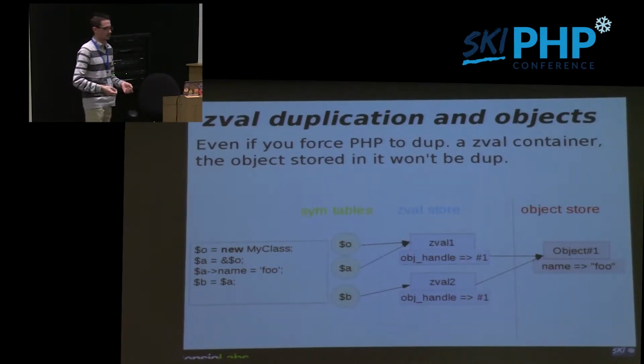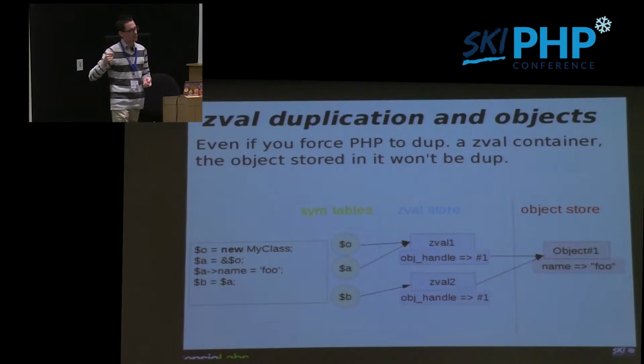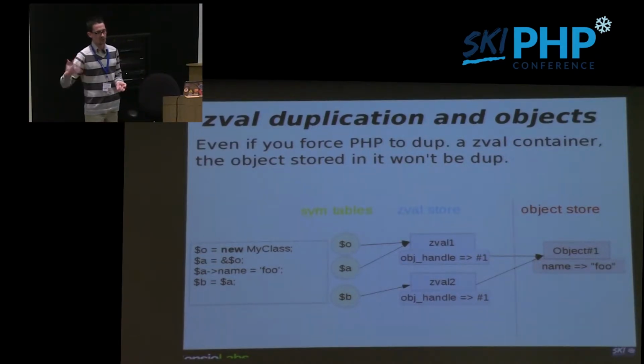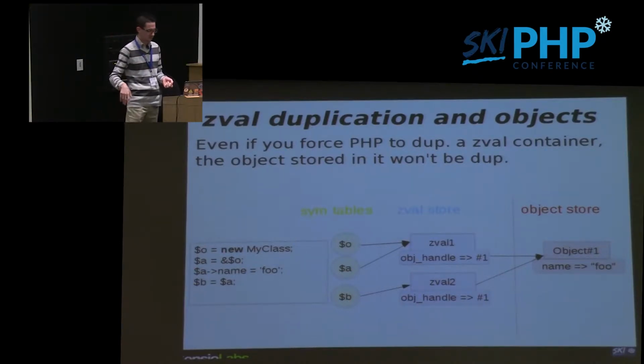Okay, if it's not an object, when PHP duplicates a zval, it duplicates the content into the zval. Should it be a very huge string or array, you will burn lots of CPU cycles, and you can see this if you use a low-level profiler. You can see this very easily.